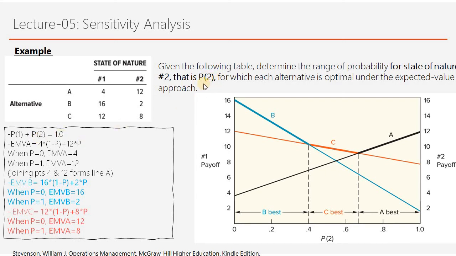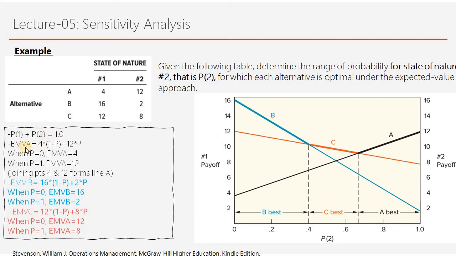And we chose P2 as a reference. So when I want to calculate the expected monetary value, it will be 4 times the probability of the first state of nature plus 12 times the probability of the second state of nature. Because P2 is the reference, we will represent the second state of nature with a P, and the first state of nature will be 1 minus P, because their summation is 1.